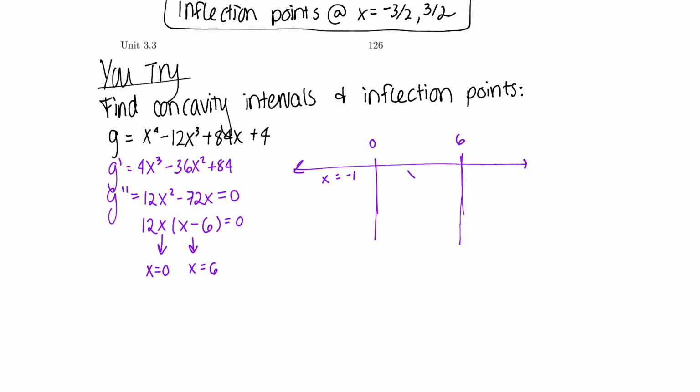Find some test points. Negative times negative makes a positive. Positive times negative makes a negative. Positive times positive makes a positive. So we have concave up, concave down, concave up.